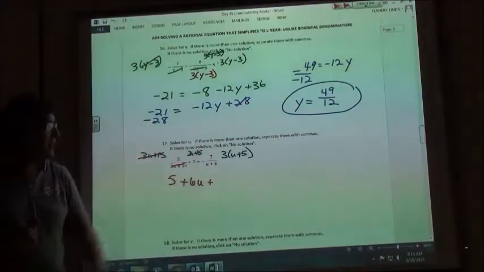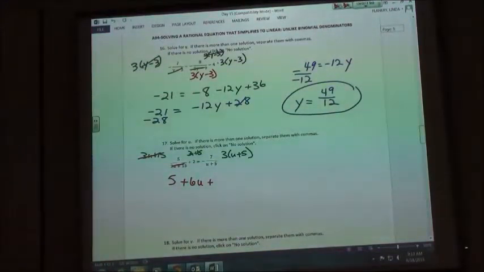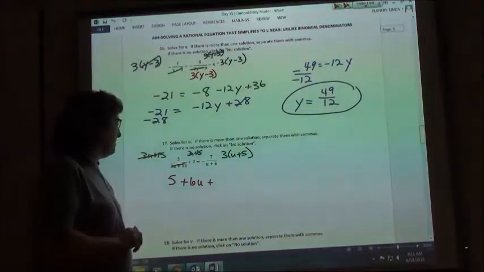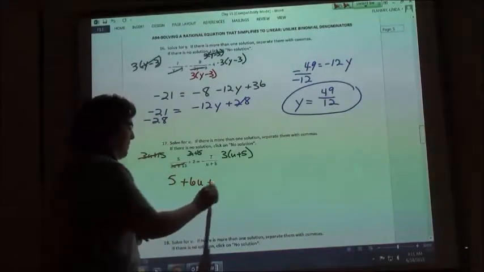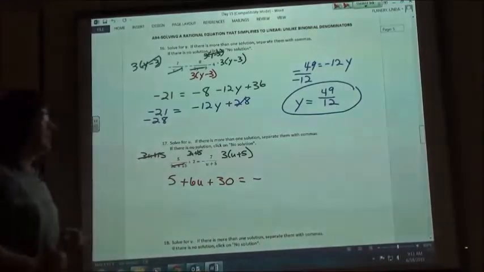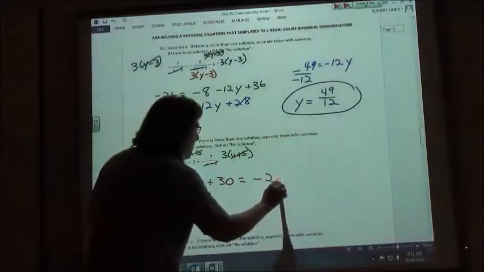Plus what on the end? Well, I got 5, and then equals. So if you do the 6 times the 5, you're going to have 30, right? Equals, on the other side, I'm going to get negative 21.